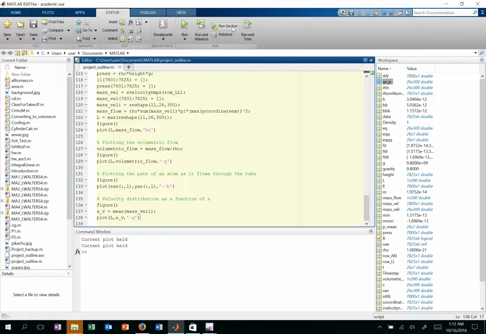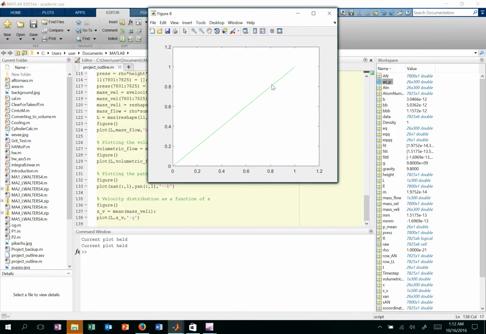And once we plot all of this, the last one is a constant line, and this basically shows that velocity is increasing as it flows through the tube. So for people who want to create new filtration systems, I guess the longer the tube, the better.